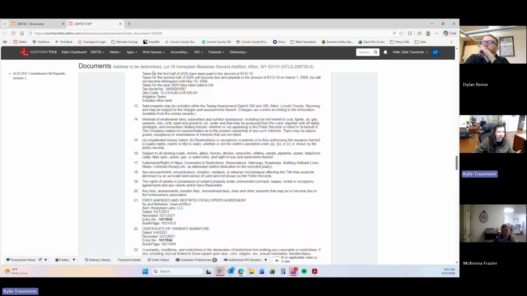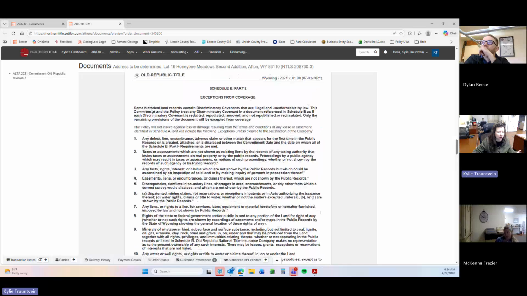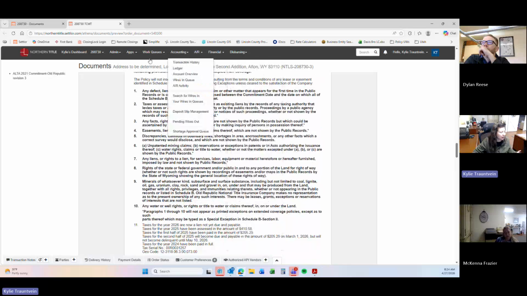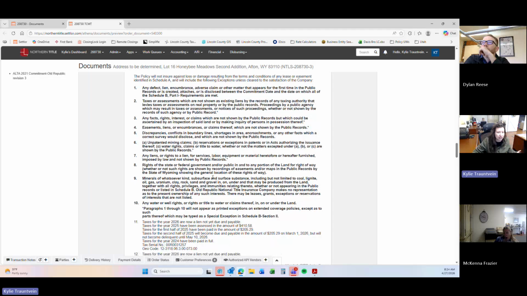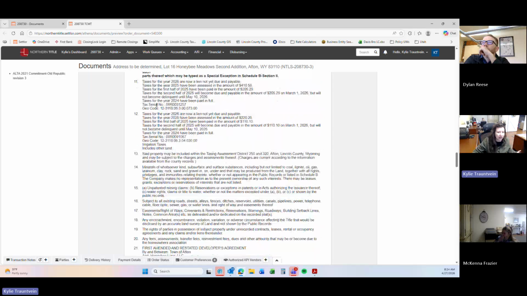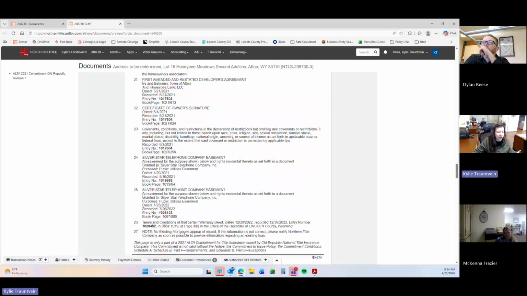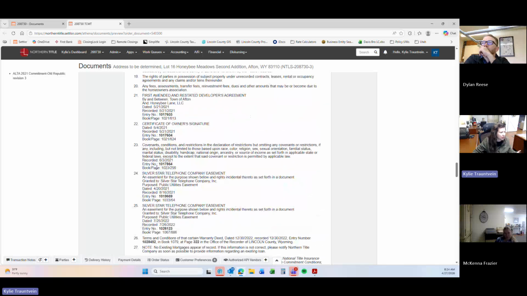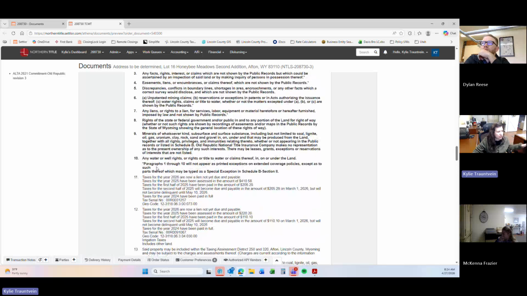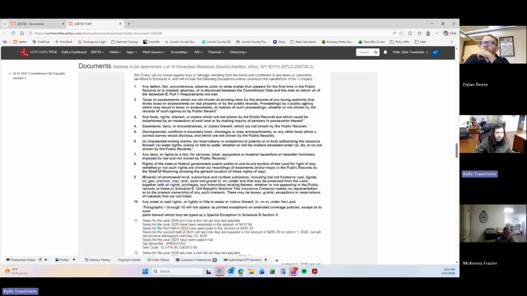So any of 1 through 10 are our standard ones that our underwriters determine go on every policy. So those all stay on the final policy. And also any of the property specific ones stay on the policy as well. So it's just a normal policy.